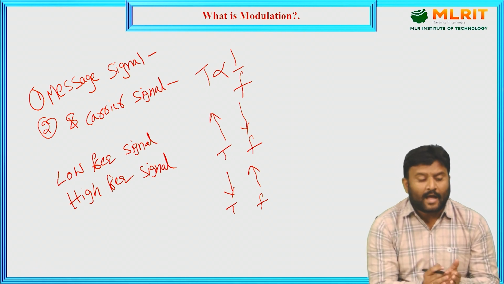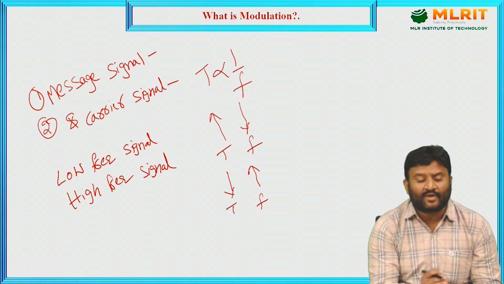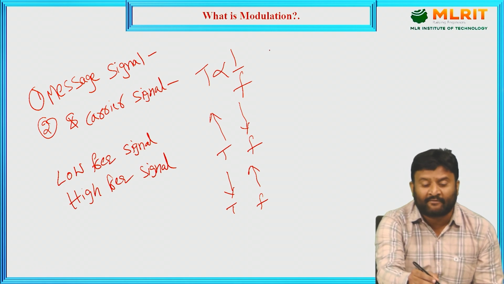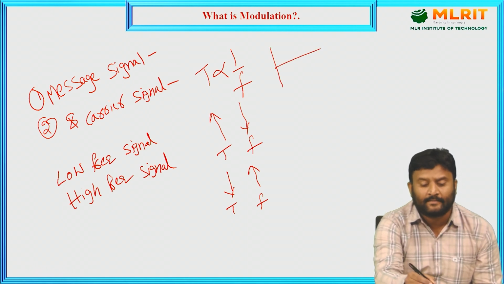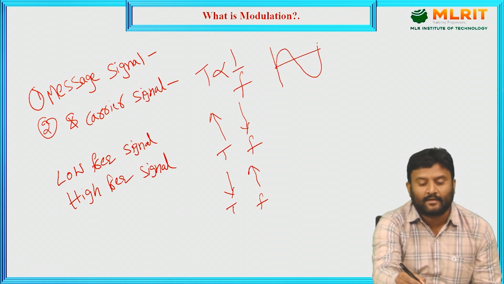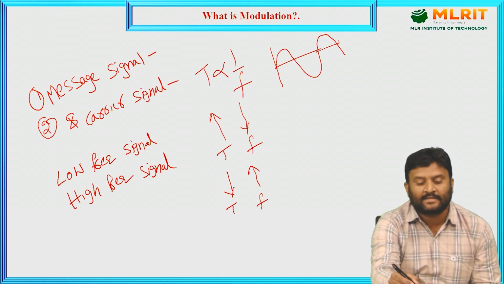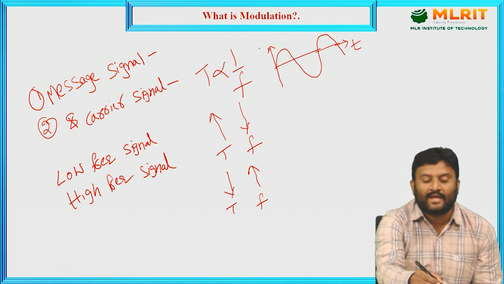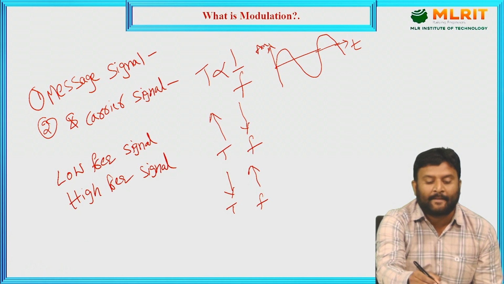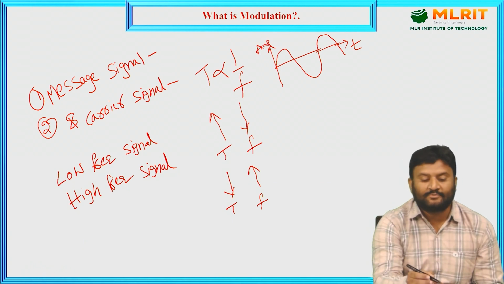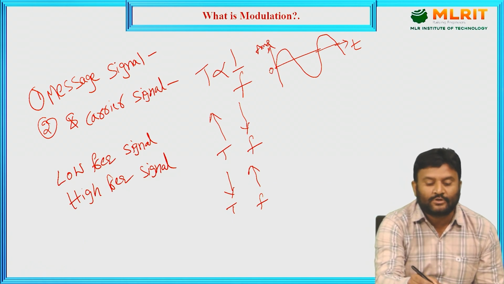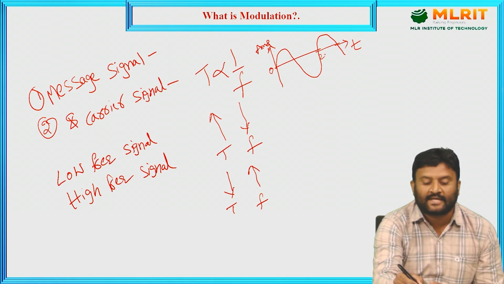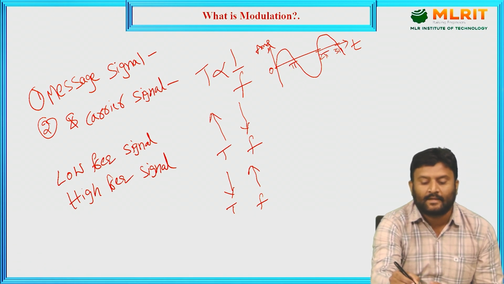Then observe the first signal, the low frequency signal. I am representing it graphically here. For example, on the x-axis I am taking t, and on the y-axis I am representing amplitude. I am starting with 0, and one cycle ends at 2 pi; this is pi and 3 pi, like this.